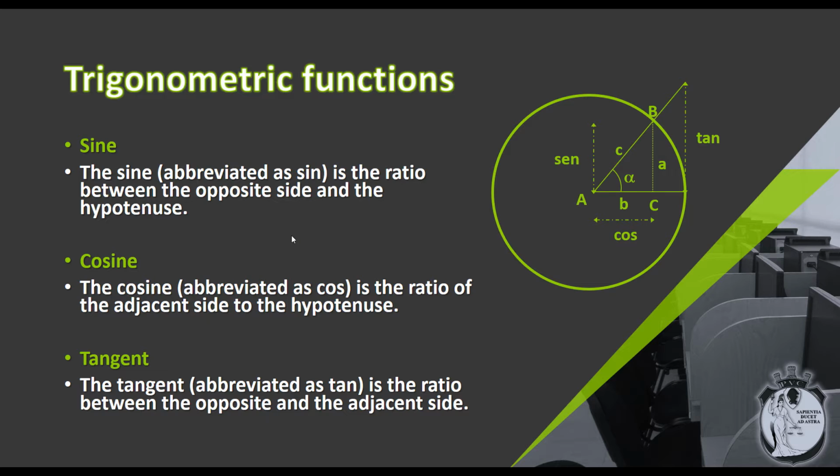You need to relate that information. Cosine is used to relate the adjacent side and the hypotenuse, and the tangent is used to relate the opposite side and the adjacent side.